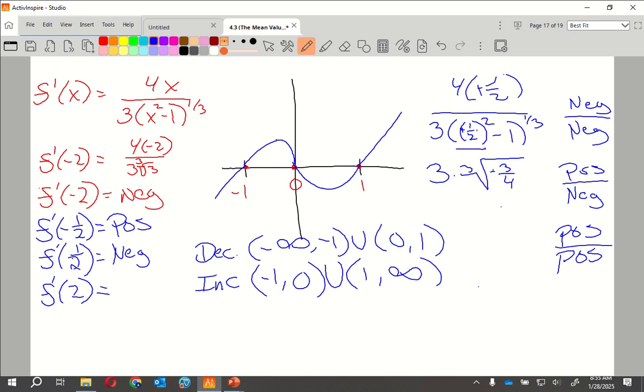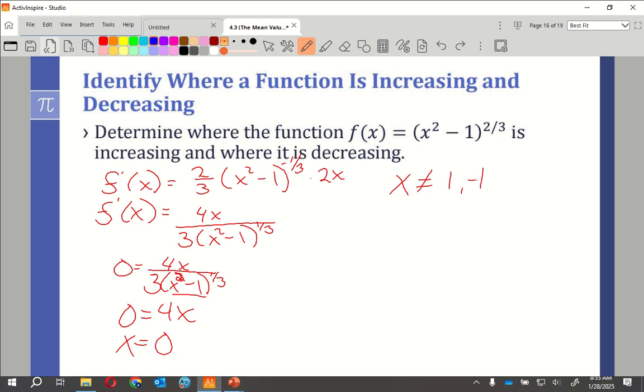Only part you lost me on the first one was in the very beginning when you put x equals 4x and x equals 0. I was just confused on how you got that. Oh, okay, right here. Watch this. 0 equals 4x over 3 quantity x squared minus 1 to the 1/3. What's the common denominator? That's an equal sign right there.